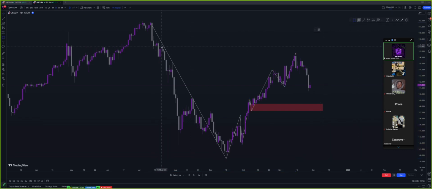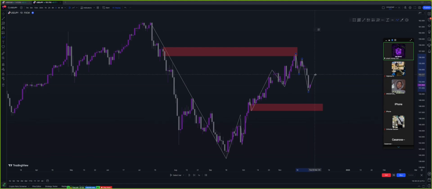The market came to this point right here, which is an order block. What should we expect from an order block? This is going to be where we are going to see a potential pullback. We are going to see a pullback. That does not mean that the market is now continuing in the downtrend.